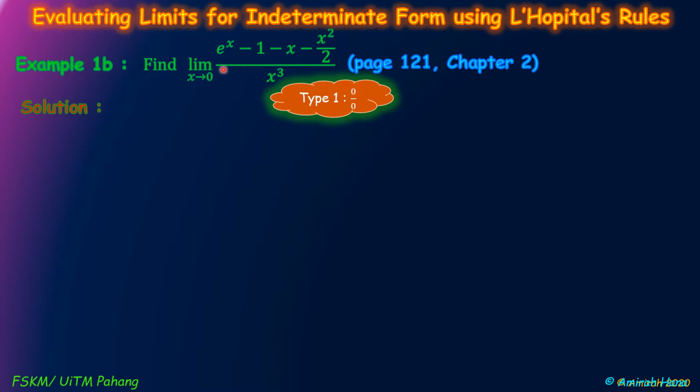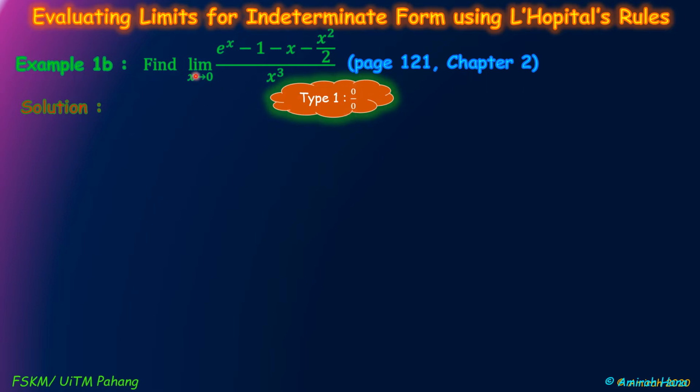This example is under type 1, which is 0 over 0, because when we use direct substitution and substitute 0 into variable x, e to the power of 0 is 1, minus 1 is 0, minus 0, so we have numerator 0 and denominator also 0.